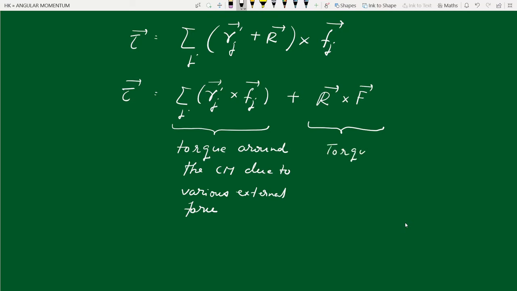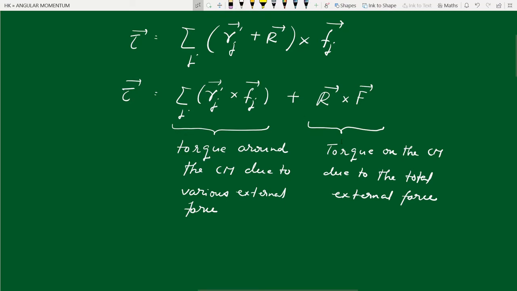Capital F is the total external force acting on the rigid body at its center of mass, and capital R is the position vector of the center of mass about the inertial origin of the inertial coordinate system.